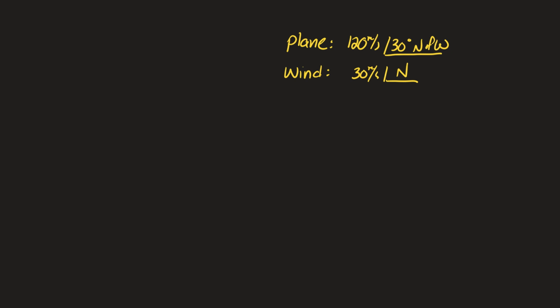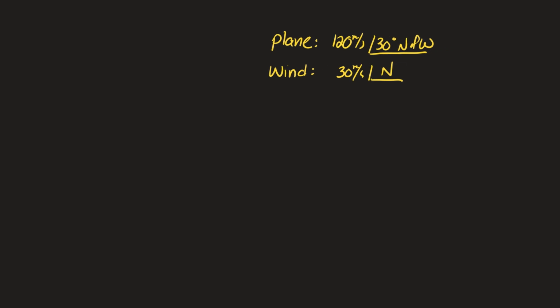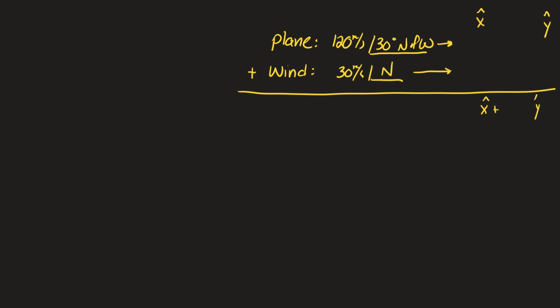That's our process. So what I'm going to set up here is a quick chart. I want to convert these to rectangular, which means each one of them is going to have an x component and a y component. When I'm done doing that, I want to add these together to get a resultant that's in the x direction plus a part that's in the y direction.